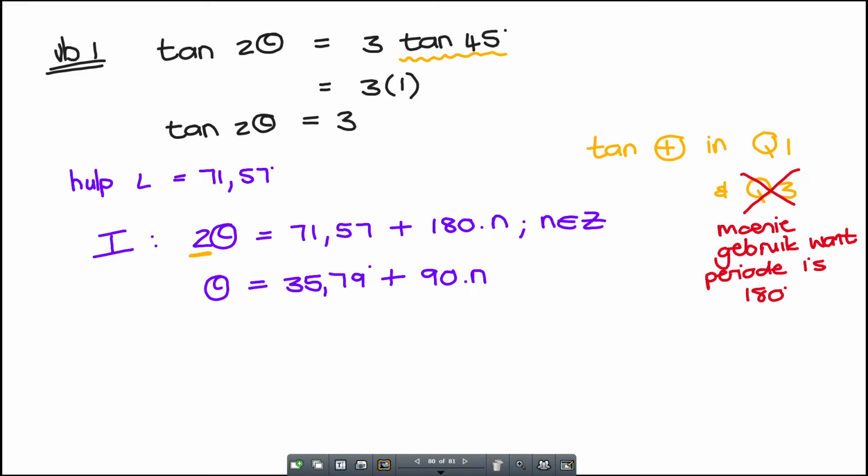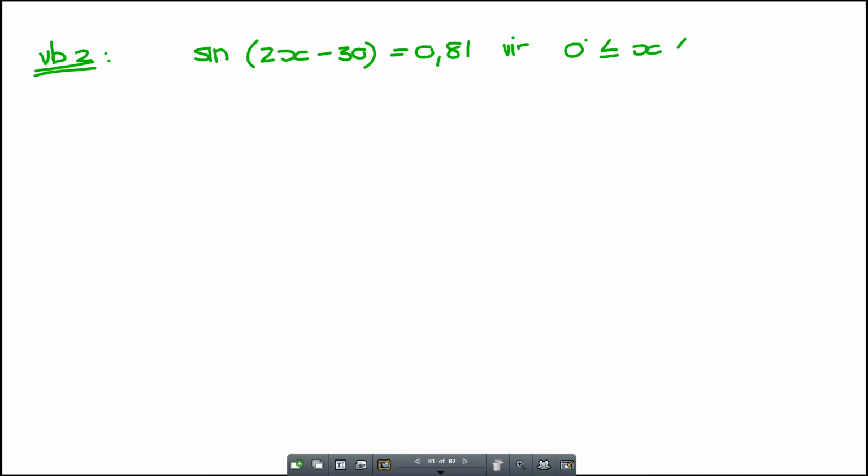Jy klaar? Okay. Sine 2x minus 30 is equal to 0,81. And for the interval, x must be between 0 and 360.